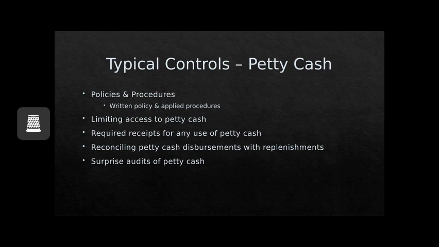You need receipts for anything that comes out of that petty cash, and then those receipts are used to put together replenishment requests. So the checks that are written to replenish that cash should have the detail and all the receipts associated with that replenishment, and they should add up to total that check that's used for replenishment.